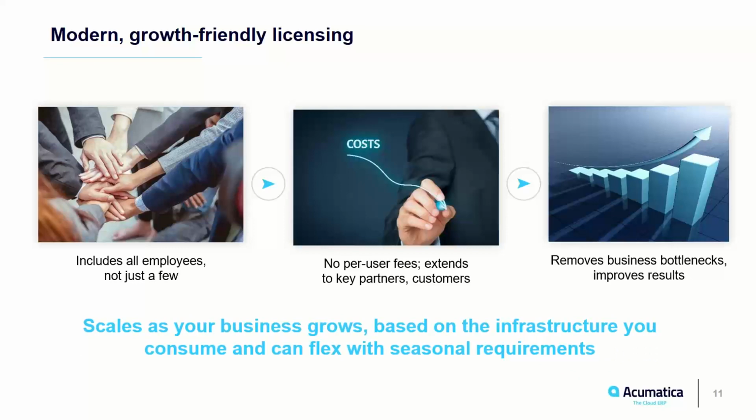Acumatica's pricing is based on the IT infrastructure that you consume versus a per user price. And that then allows the system to scale as your business grows and can flex with seasonal requirements.